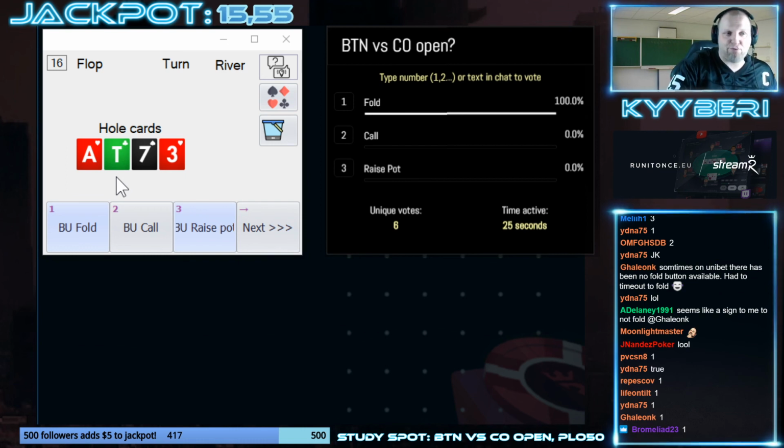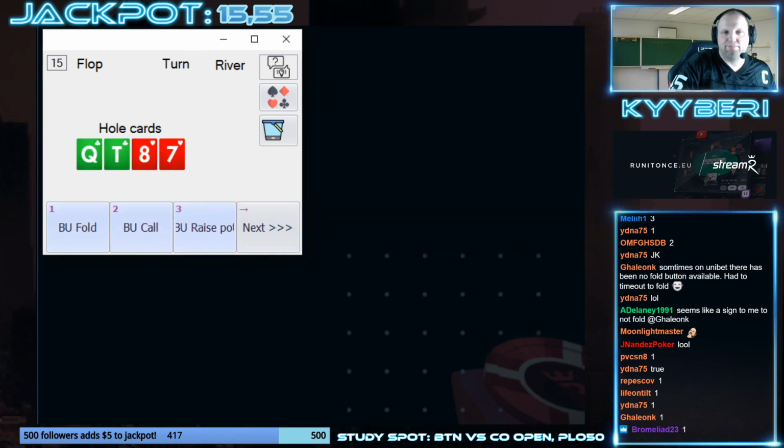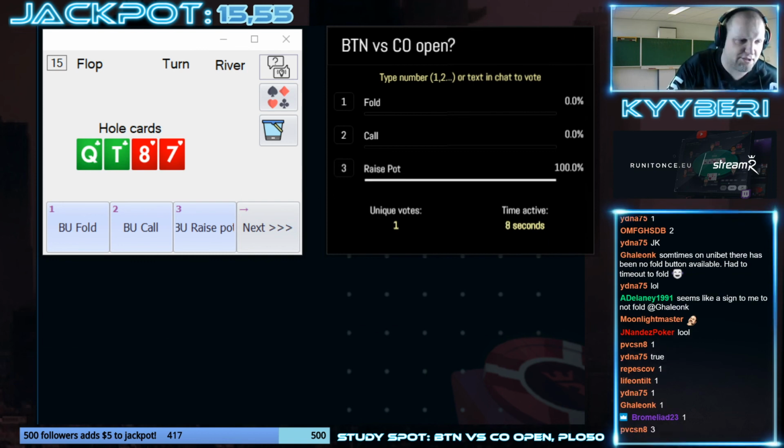This is a perfect Spanish drawing hand. But solver doesn't love it. What do we do with these kinds of hands? Decently connected, double suited, but all the cards are a bit too low.